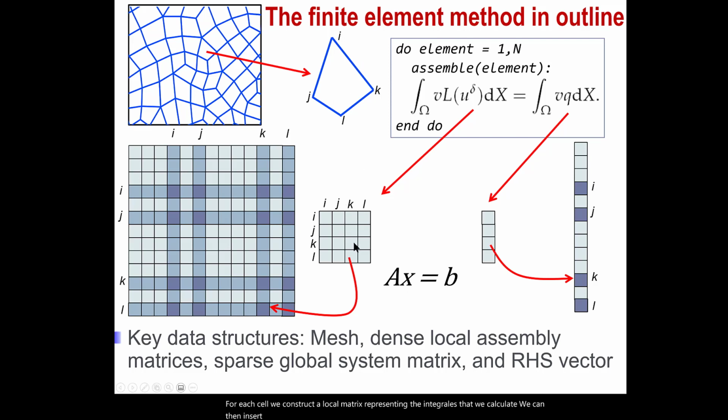We can then insert that into our global system of equations to create both a left and a right-hand side. This is a large, sparse matrix. You don't necessarily have to construct this matrix. We very commonly use matrix-free methods where we repeatedly do the assembly rather than assemble once and reuse the matrix, because the matrix can be very big.